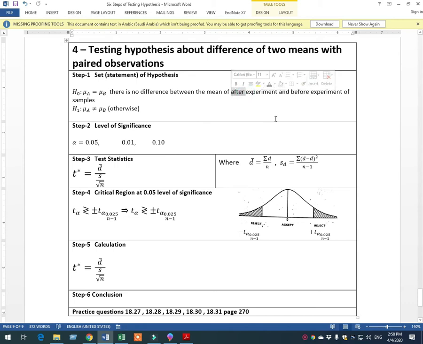So I am changing accordingly: the mean of the radial tire experiment and general belted tire experiment of samples. So there is no difference between the mean of the radial tire experiment and belted tire experiment of the sample. And the alternative hypothesis, there is a difference.